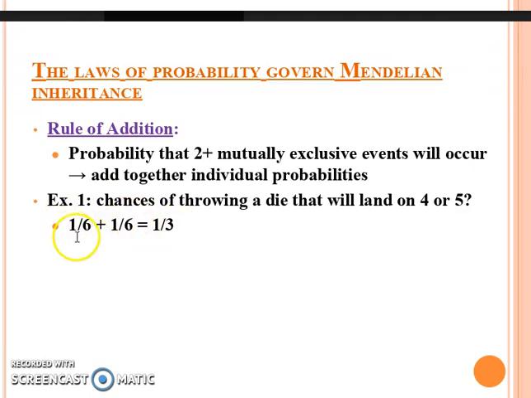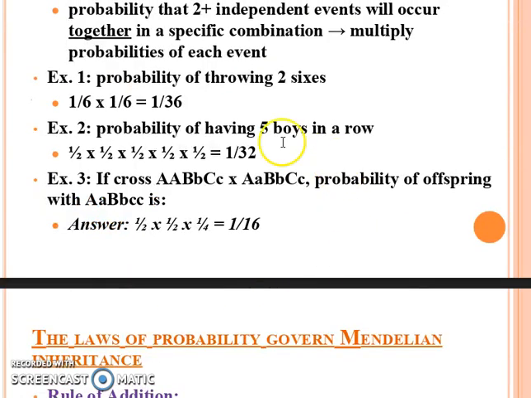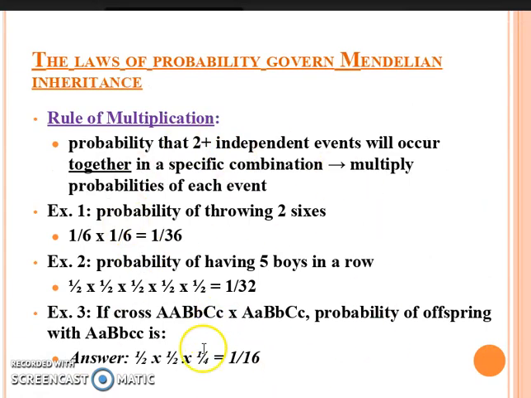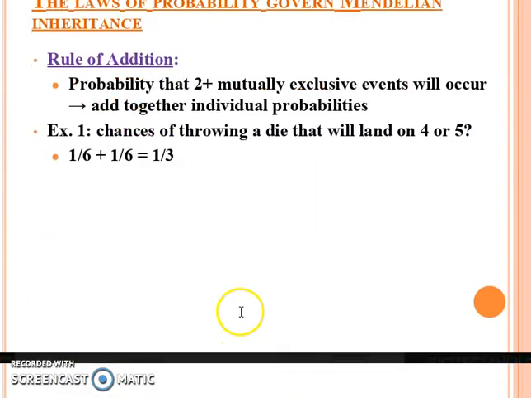You're going to add these outcomes together, so a 1/6 and a 1/6 will give you a third. So it's a third chance on a six-sided die to roll a 4 or a 5. This is just helping you figure out other options that you could get. Like, what is my chance of getting a homozygous dominant or heterozygous? So you go back to these problems and you can expand on the percentages of getting certain outcomes.